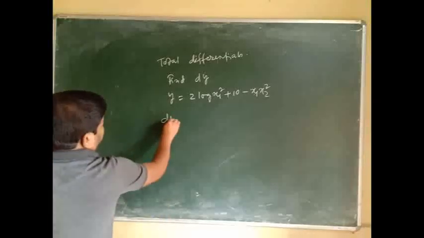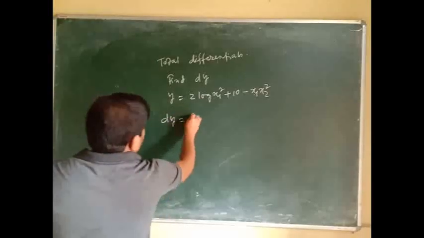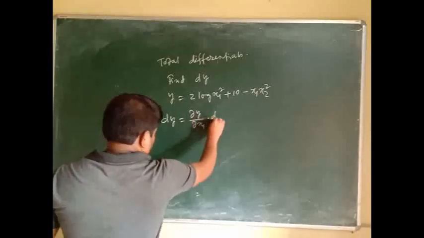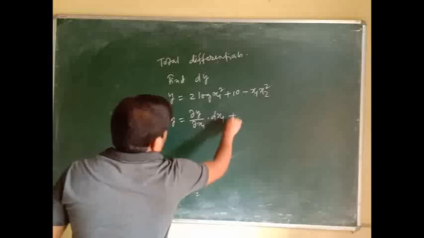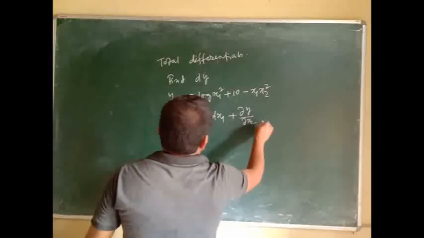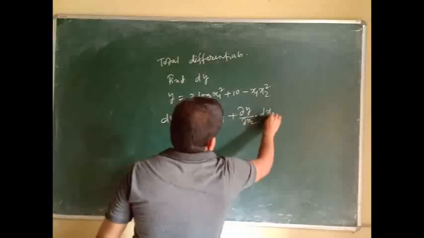So dy is equal to del y by del x1 into dx1 plus del y by del x2 into dx2.